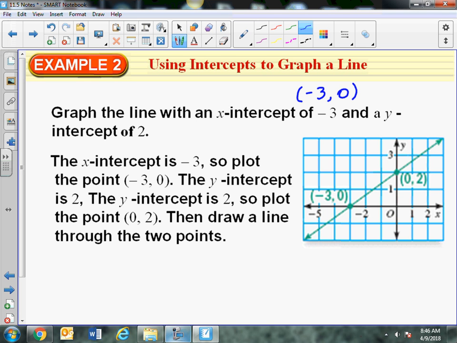If it's a y-intercept of 2, it'd be 0 and then 2. And as you can see to the right here, they graph them both. So really all you have to do is go to those axes, put the coordinate in, and then draw a line through the two different spots. They do give an explanation here, and essentially, like I said, that's exactly what they are doing.